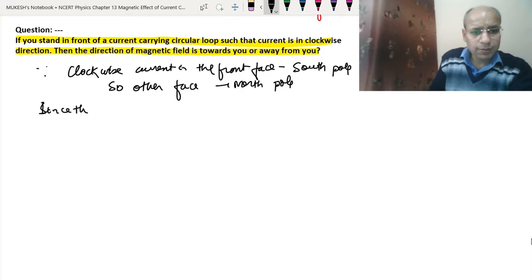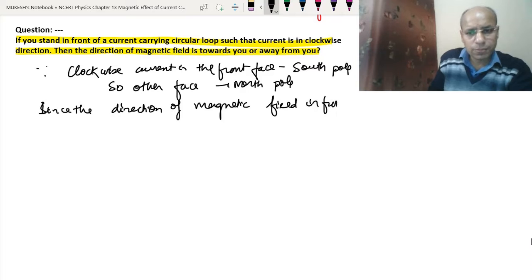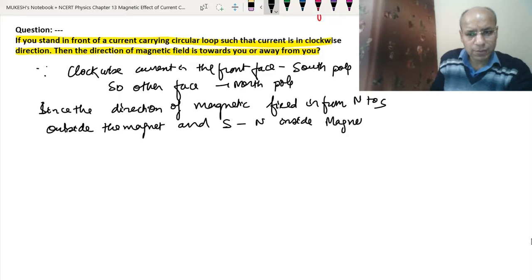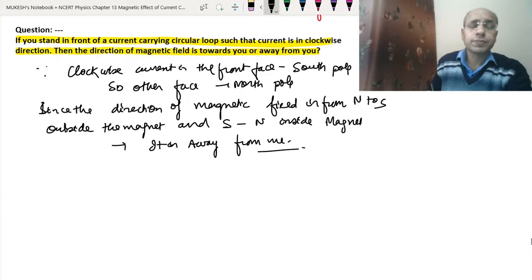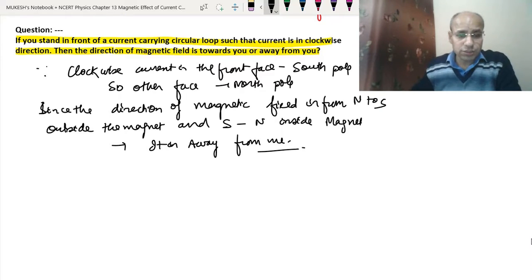Since the direction of magnetic field is from north to south outside the magnet and south to north inside the magnet, so it is away from me. I hope this is clear to you, okay. Now let's do the next question.